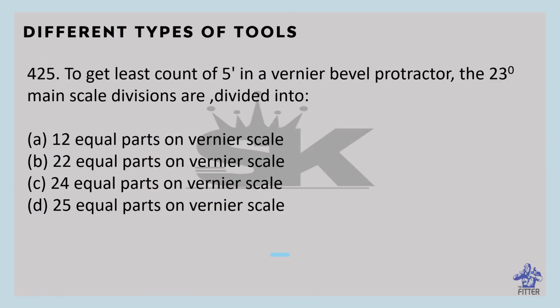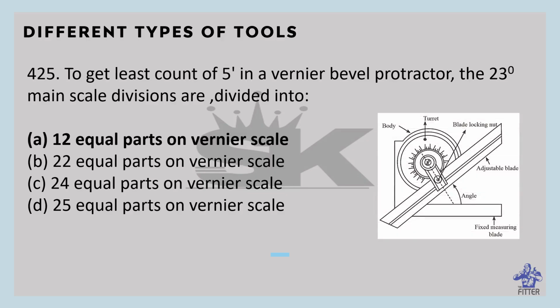To get a least count of 5 minutes in a vernier bevel protractor, the 23-degree main scale divisions are divided into 12 equal parts on the vernier scale. We have discussed it before, right? So, see here, this is the vernier bevel protractor. We will find the least count here.